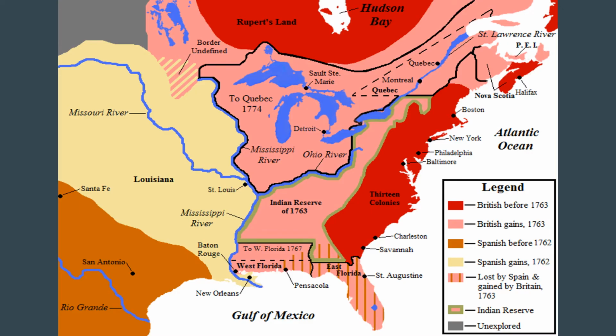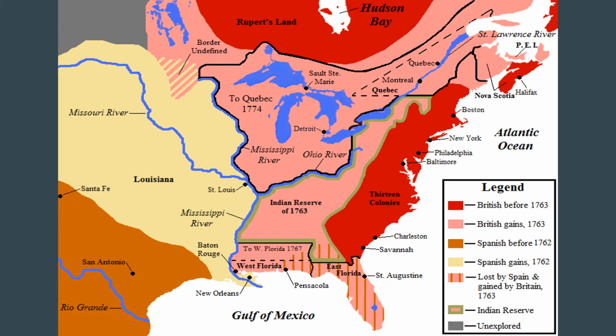So to start us off, this is a map of the North American colonies before the American Revolution. We see that the British, after they win the Seven Years' War in North America, establish a border of the colonies at the Appalachian Mountains.